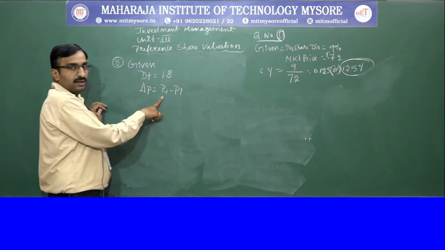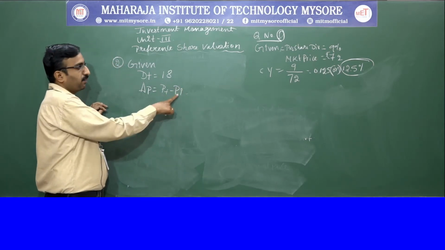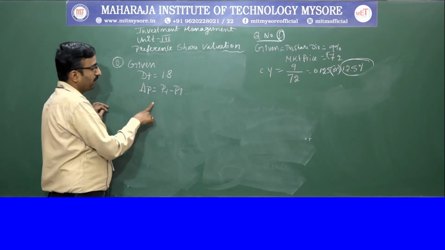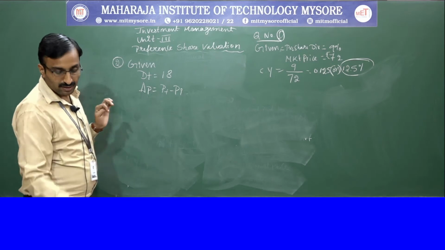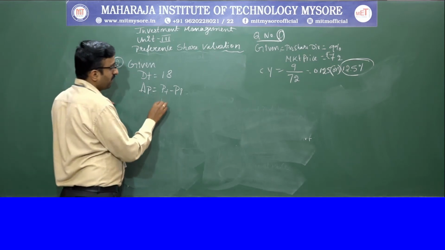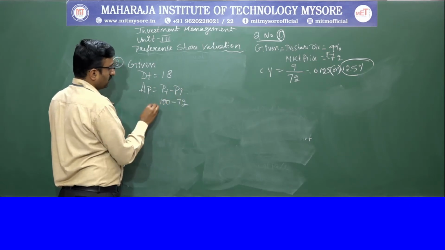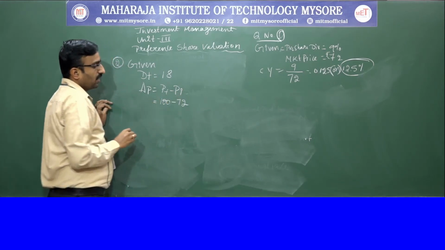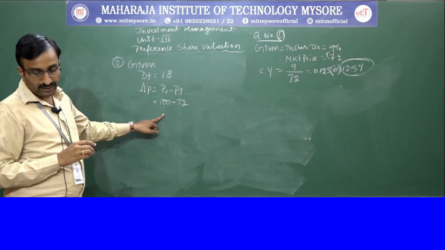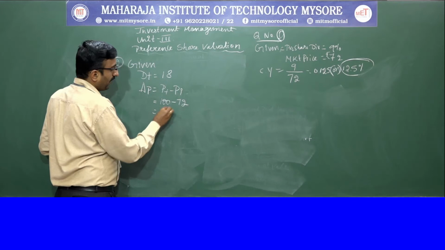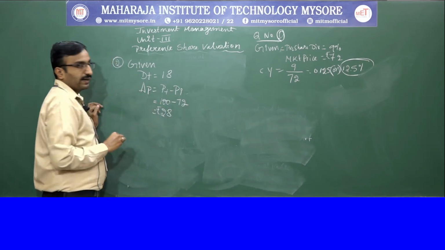Pt means terminal price and Pi is the initial price. So, the terminal price is how much? They have given 100, so it is 100 minus 72. How much will you get? You will get 28 rupees. Change in the price is 28.